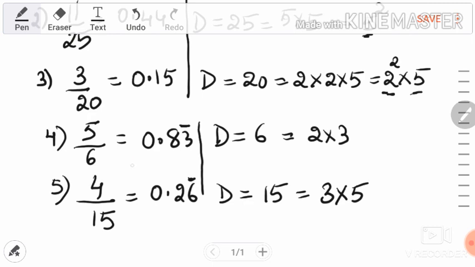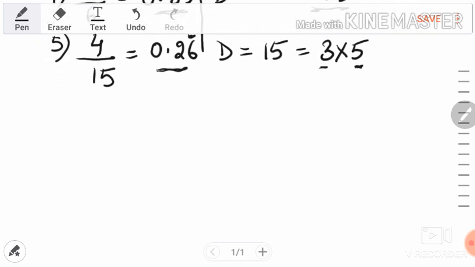In examples 4 and 5, the denominators have factors other than 2 and 5. 6 has factors 2 and 3. Even though there is a 2, there is another factor 3. In case of 15, even though there is one factor which is 5, there is another factor 3. So these two numbers turn out non-terminating and recurring.